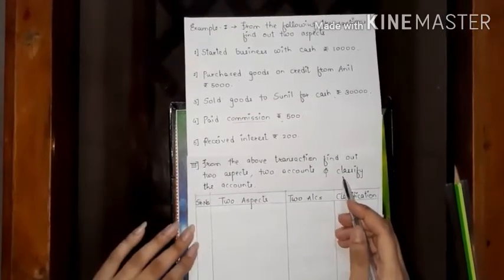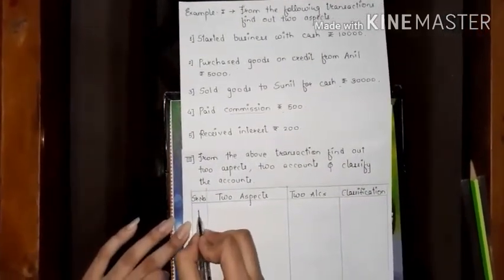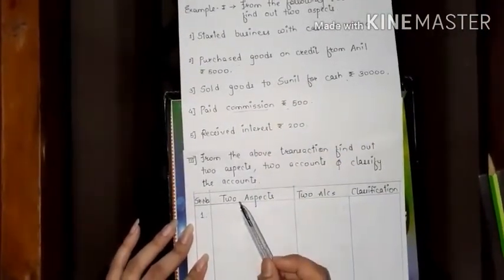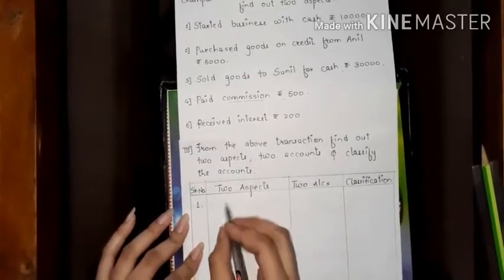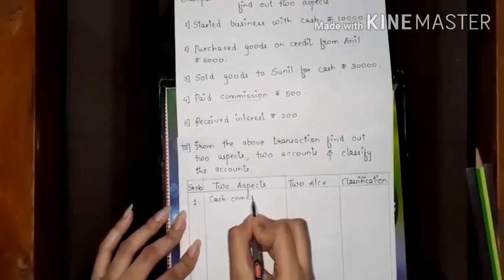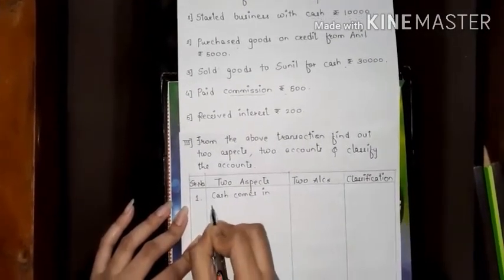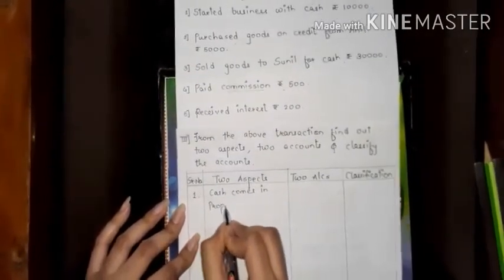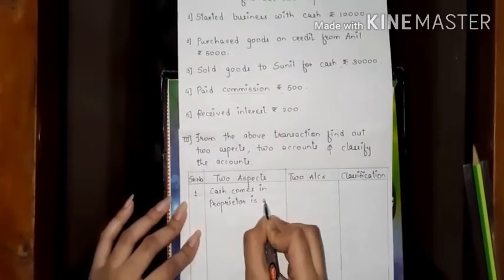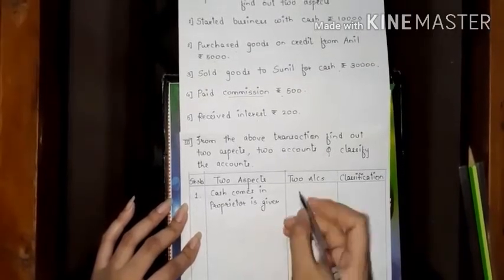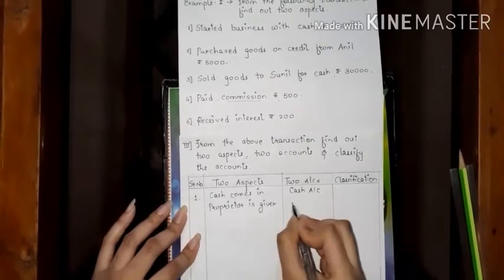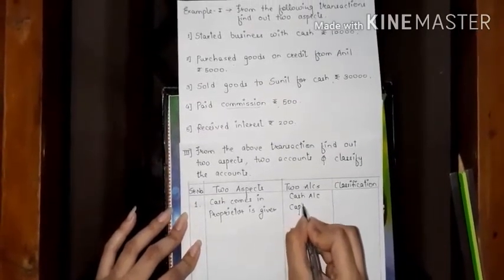Okay, so let's start. The first transaction is started business with cash rupees 10,000. So we already know two aspects. Cash comes in and proprietor is the giver. Okay, we already know the two accounts, that is cash account and capital account.